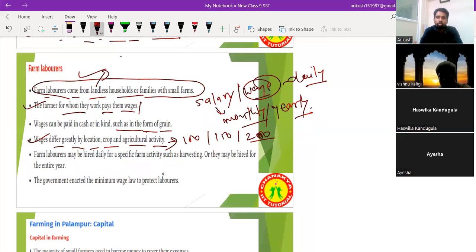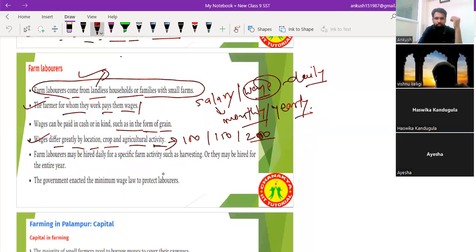It depends totally upon the location, where the crop is cultivated at a higher rate, whether the crops grown there are important or less important, and the agricultural activities, whether machinery is used at a high level or only laborers work in the field. All these things are taken into consideration, and after that the fixed rate of wages is given to the laborers.